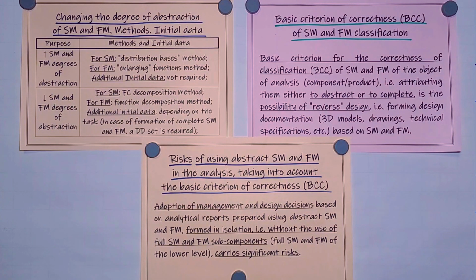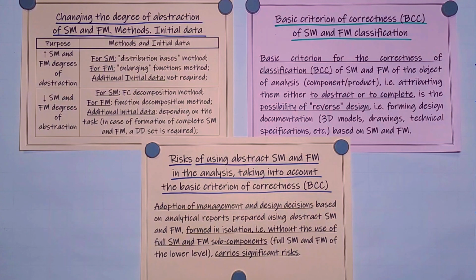If the task is to move from an abstract structural and functional model to a complete one, then there is a need for a complete set of design documentation, the use of special databases from disassembly, and some other sources of information. We can do without it only for abstract models close to full.